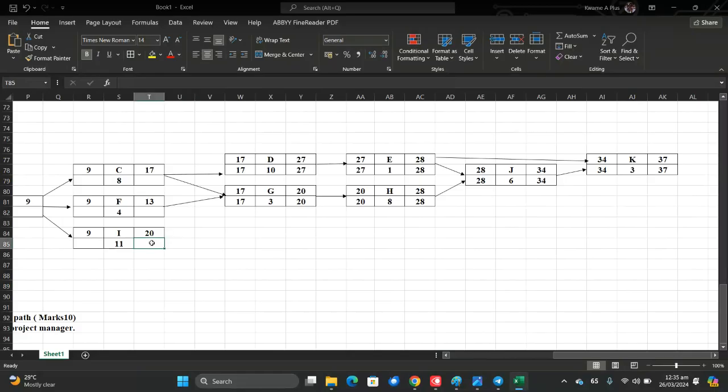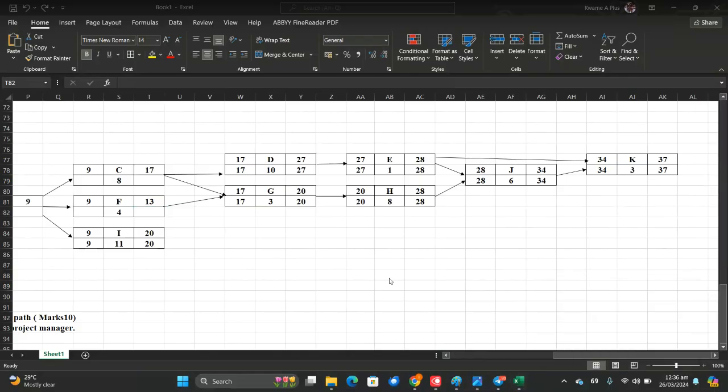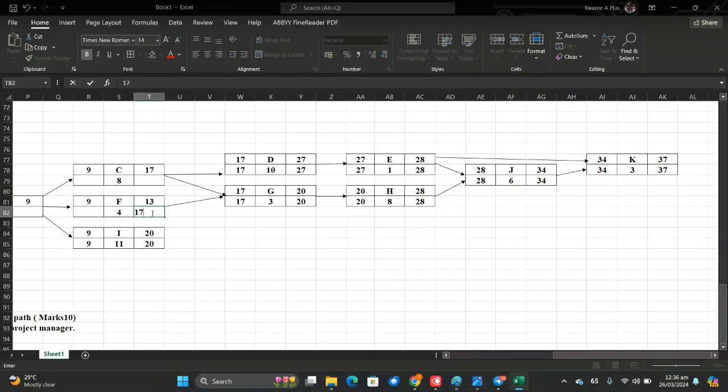So we are here. This is the same thing. This is 20. This is 9. This is the same thing. And then here, this is only matched to this. This is 17. 17 minus 4 is 13.